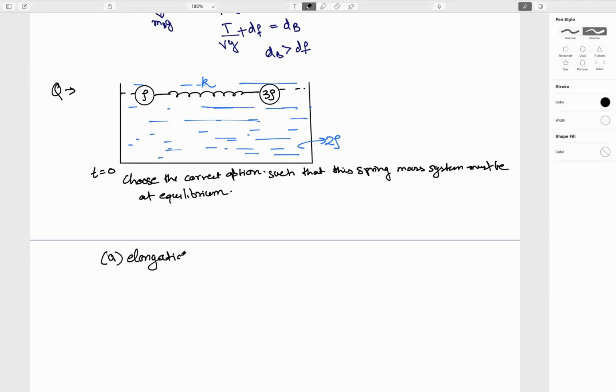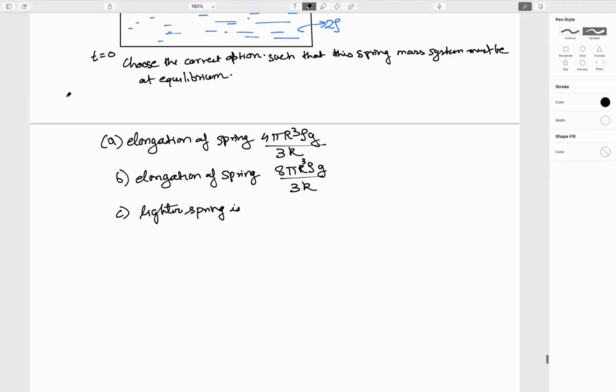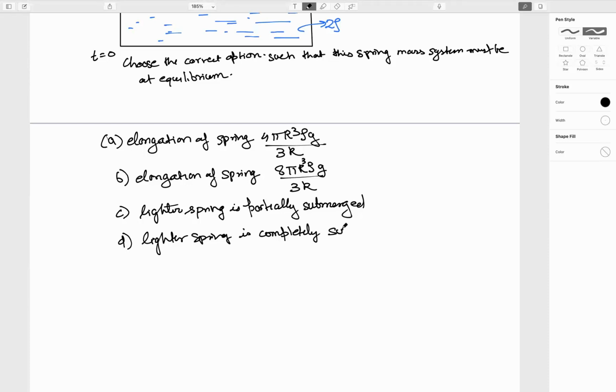Options are: elongation of spring is 4 pi r cube rho g by 3k; elongation of spring should be 8 pi r cube rho g by 3k; lighter sphere is partially submerged; lighter sphere is completely submerged.